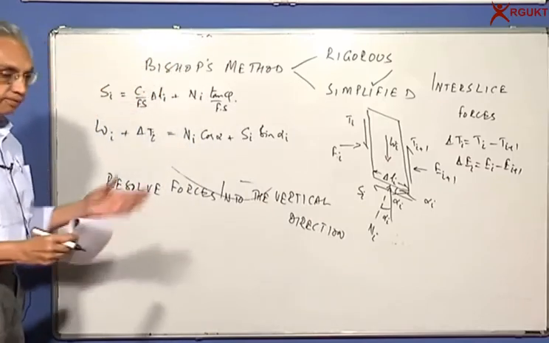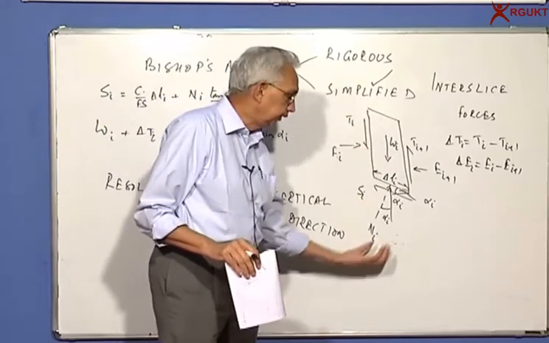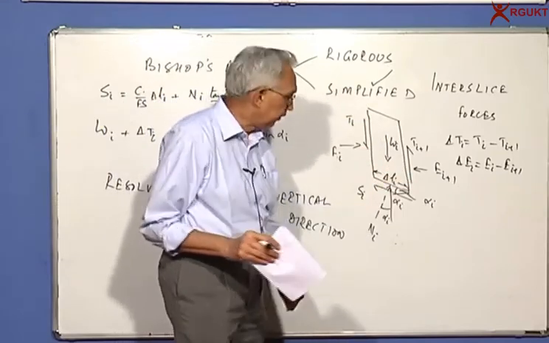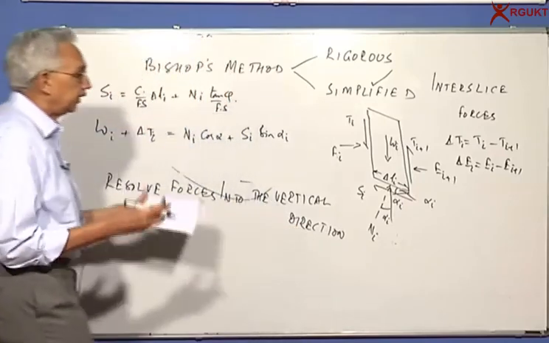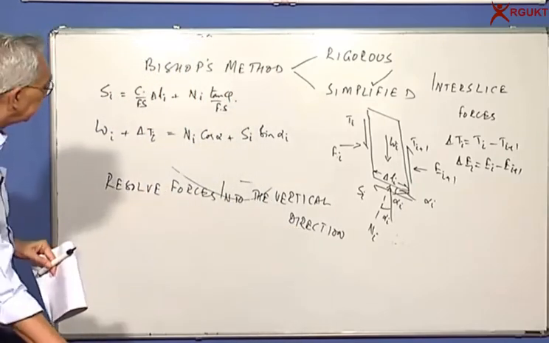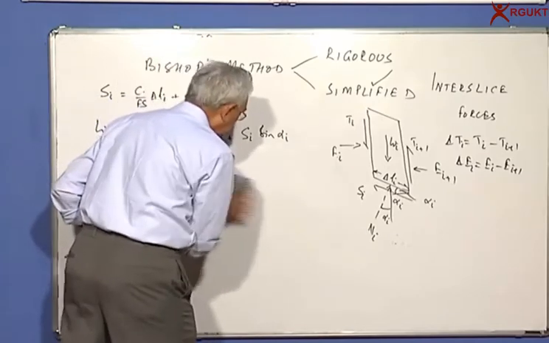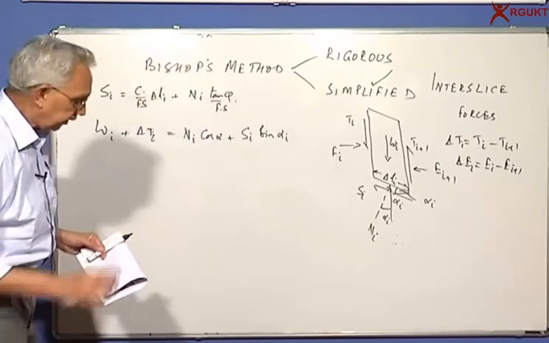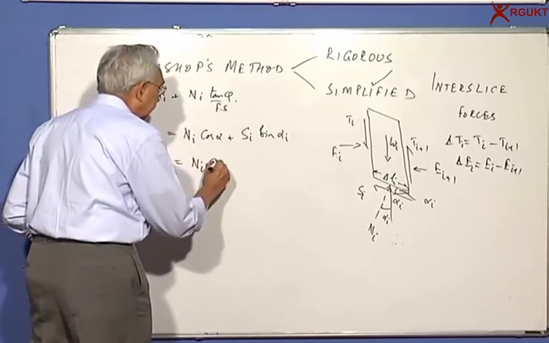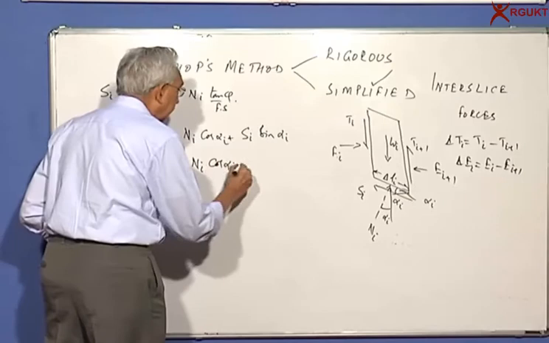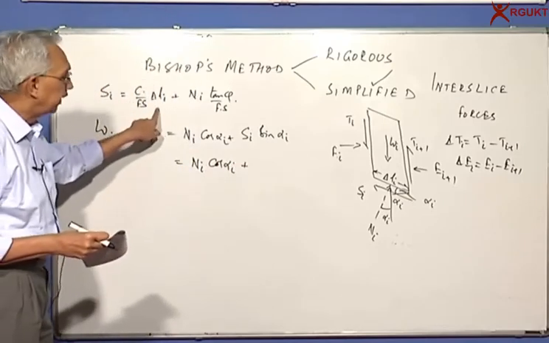Please remember, it's a very simple equilibrium equation. The sum of the downward forces should be equal to the sum of the upward forces, and that will satisfy Newton's law that net force in the vertical direction is 0. If you do that now, let's substitute for Si, which is interesting. That is where the uniqueness comes in Bishop's method. Si we have written as C by Fs into delta Li.